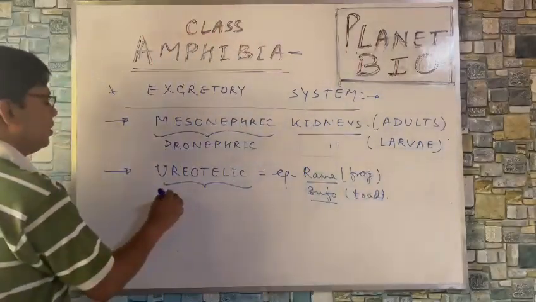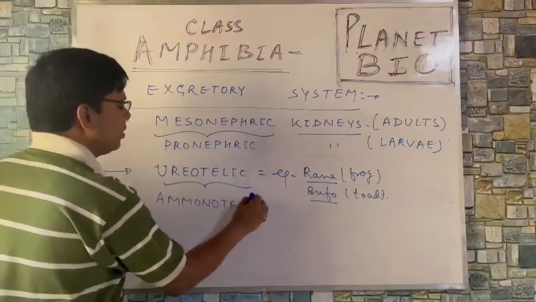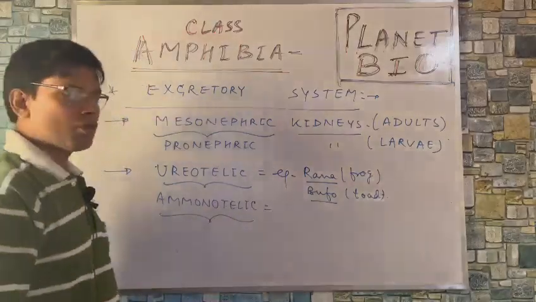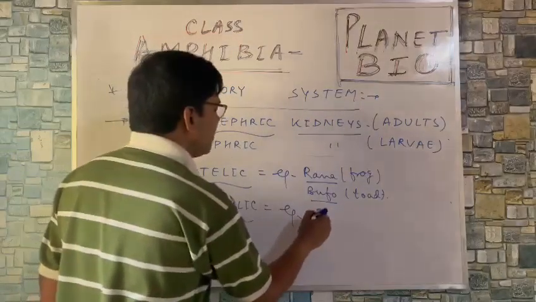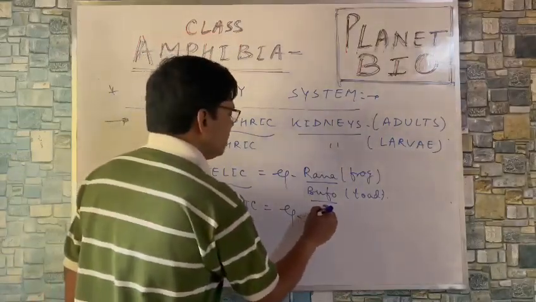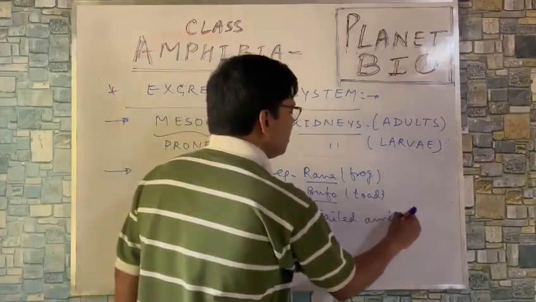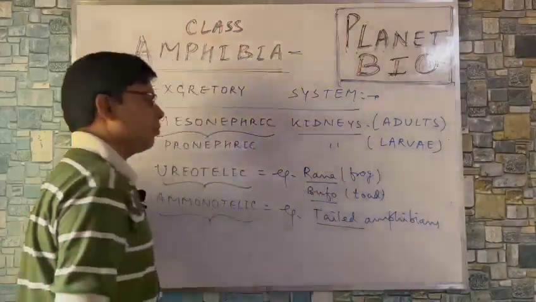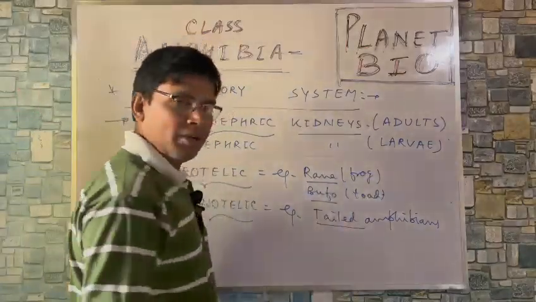Some may be ammonotelic, meaning ammonia excreting, NH3, the most toxic metabolic waste. An example you can see is tailed amphibians, those amphibians which have a tail. Frog has no tail, it is tailless, though its larvae may have tails.